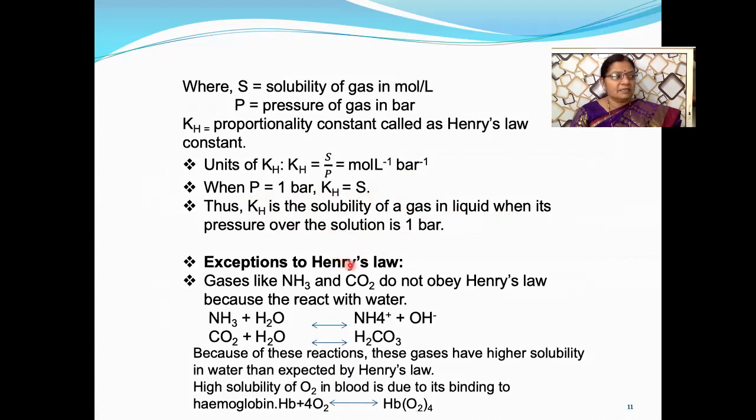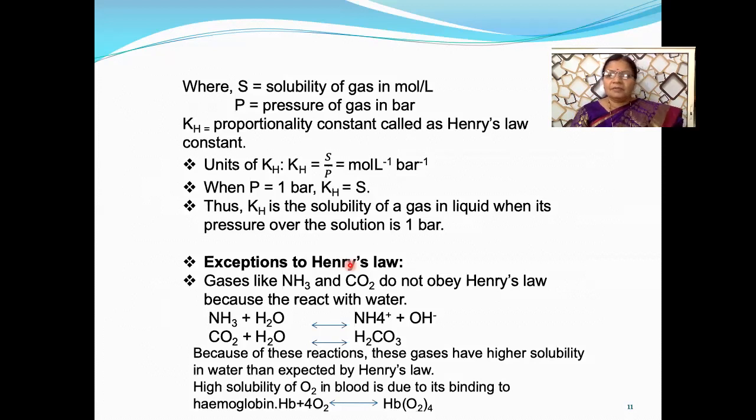Now, exceptions to this law. Gases like ammonia and CO2 do not obey this law because they react with water. Ammonia on reaction with water gives NH4OH, that is NH4 plus and OH minus. CO2 on reaction with water gives carbonic acid. Due to these reactions, they have higher solubility in water as compared to the solubility expected by Henry's law.